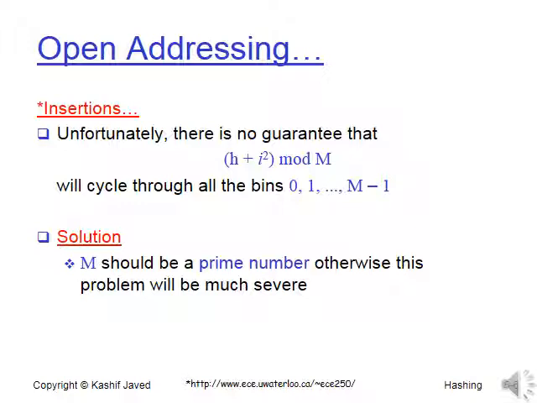There is no guarantee that we will cycle through all the bins of the hash table from 0 to m minus 1 in order to find an empty bin such that we can avoid collision.